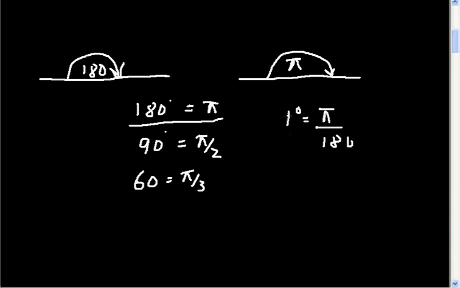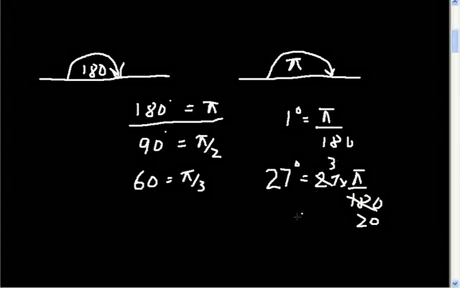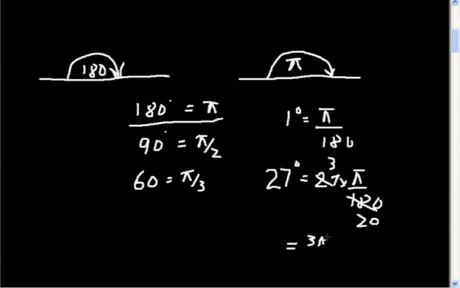So if 1 degree is pi divided by 180, let's say you were asked to give 27 degrees in radian measurement. 27 degrees is 27 times pi divided by 180. If I cancel the 27 with the 180, dividing by 9, I get 3 and 20. So that's 3 pi by 20.